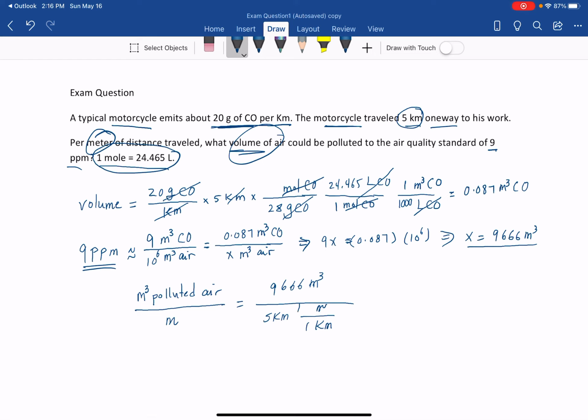One kilometer is equal to 1,000 meter, kilometer with kilometer. Now you'll end up with 9.666, 9.7 meter cubic of polluted air per meter.